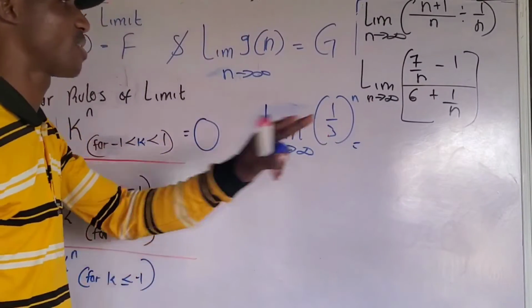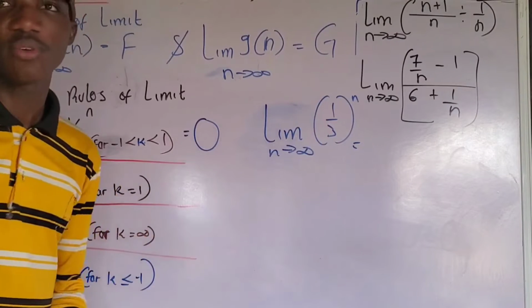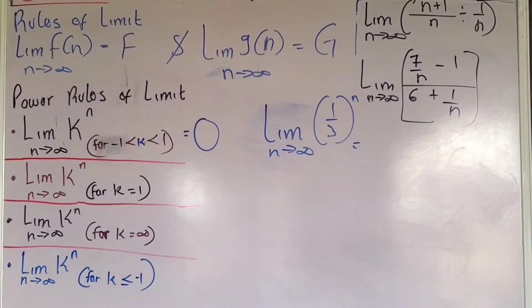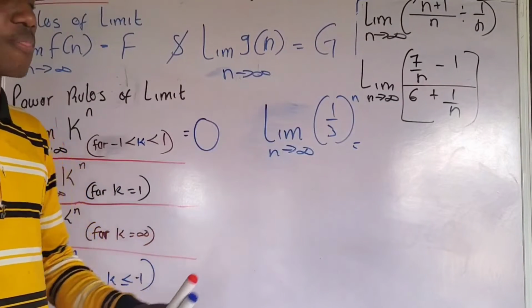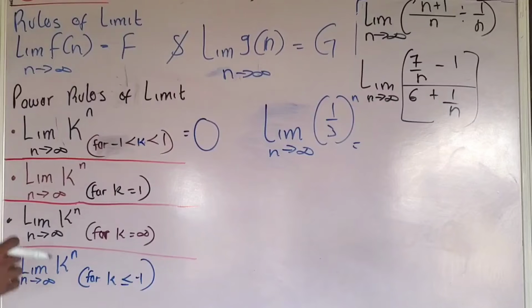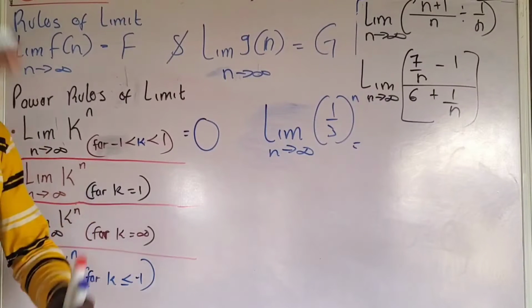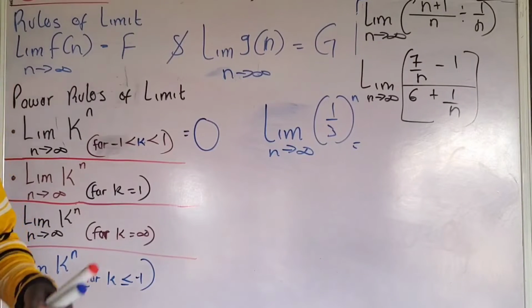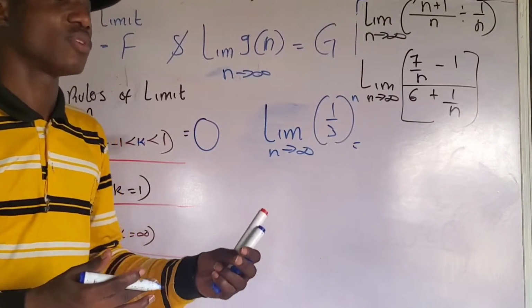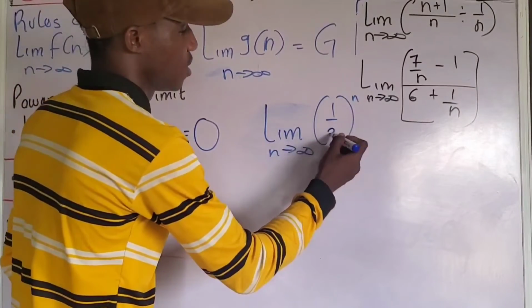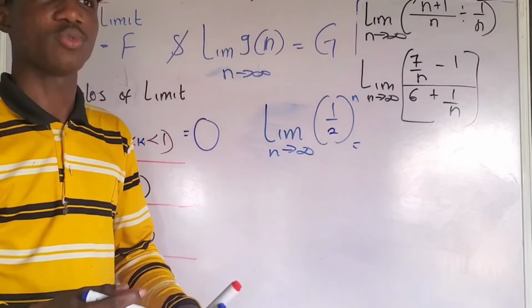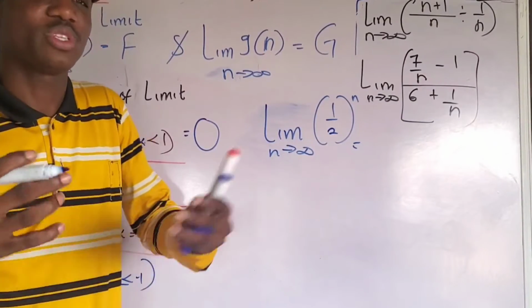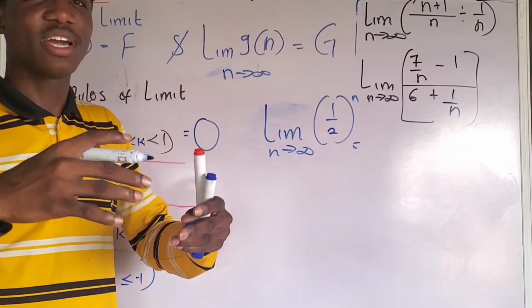You know that if you divide 1 by 3, you're going to obtain a decimal. When n tends to infinity, that means n increases in value. For example, let's use 1/2, which is 0.5. If n is 1 million, you will discover that 0.5 to the power of 1 million approaches 0.